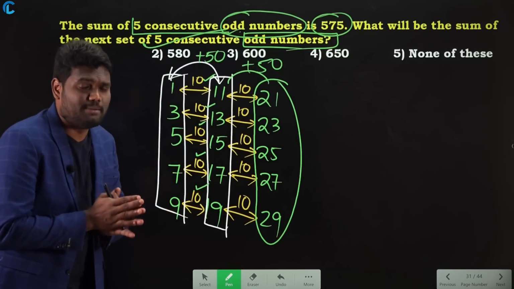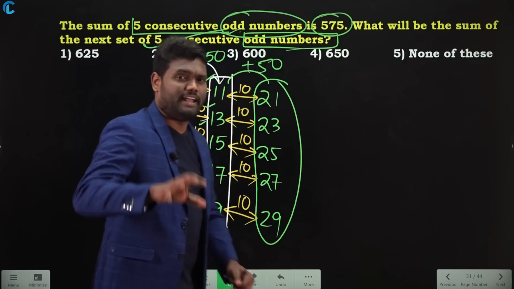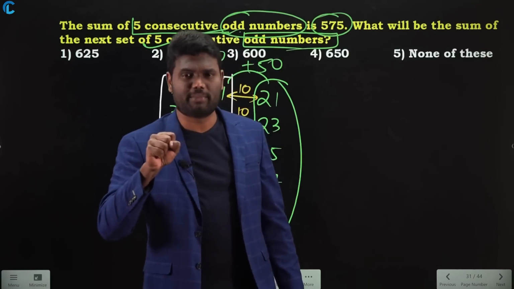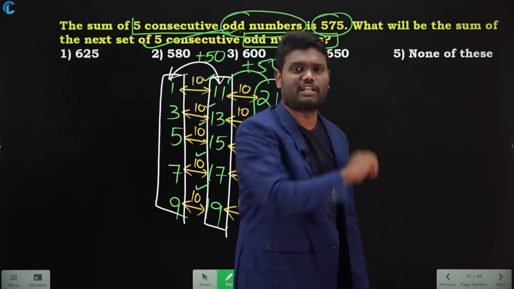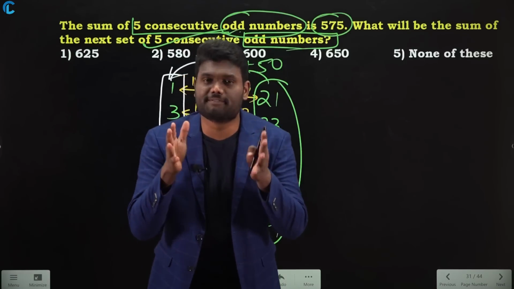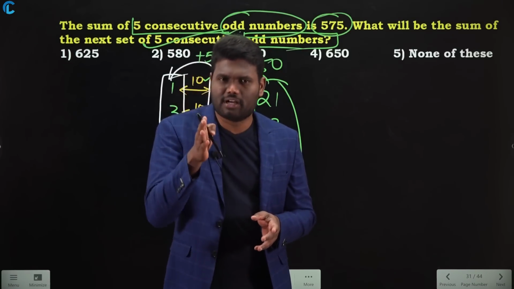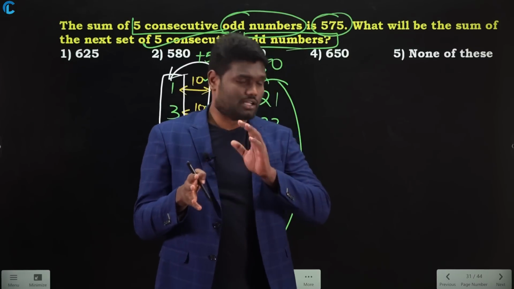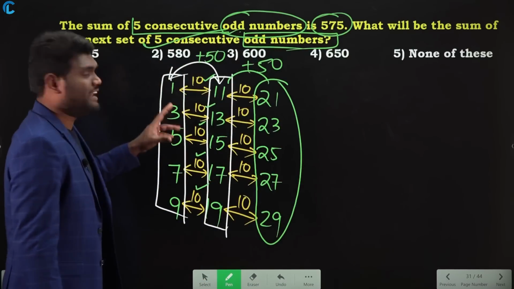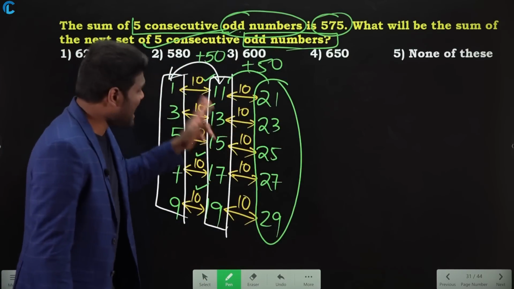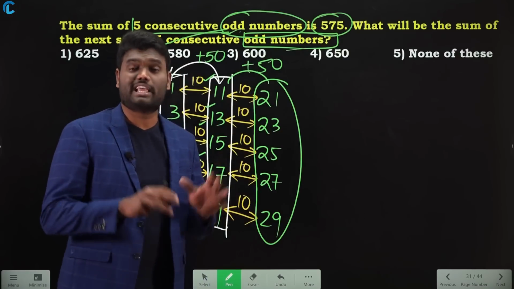So what we can simply say is that the difference between the first 5 consecutive odd numbers and the next 5 consecutive odd numbers is always 50.